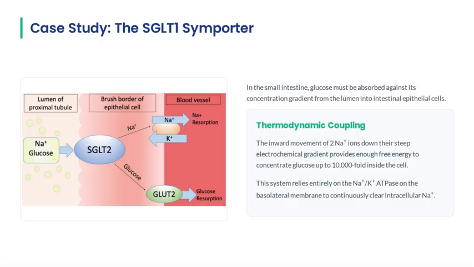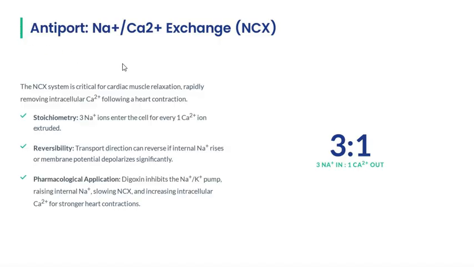And to go more into that exchange, we have the antiport Na+/Ca2+ exchanger, which is critical for cardiac muscle relaxation, and it rapidly removes the intracellular Ca2+ following heart contractions, like when your heart beats.